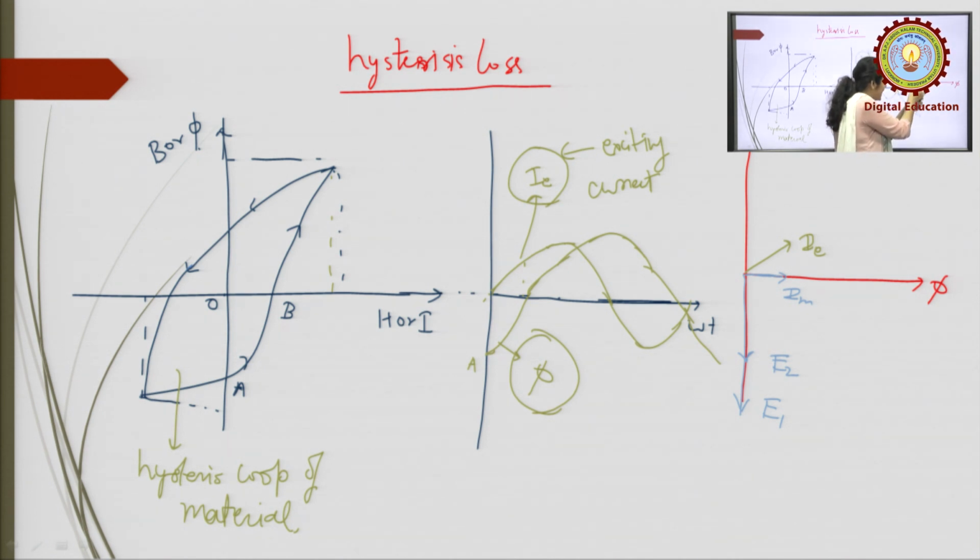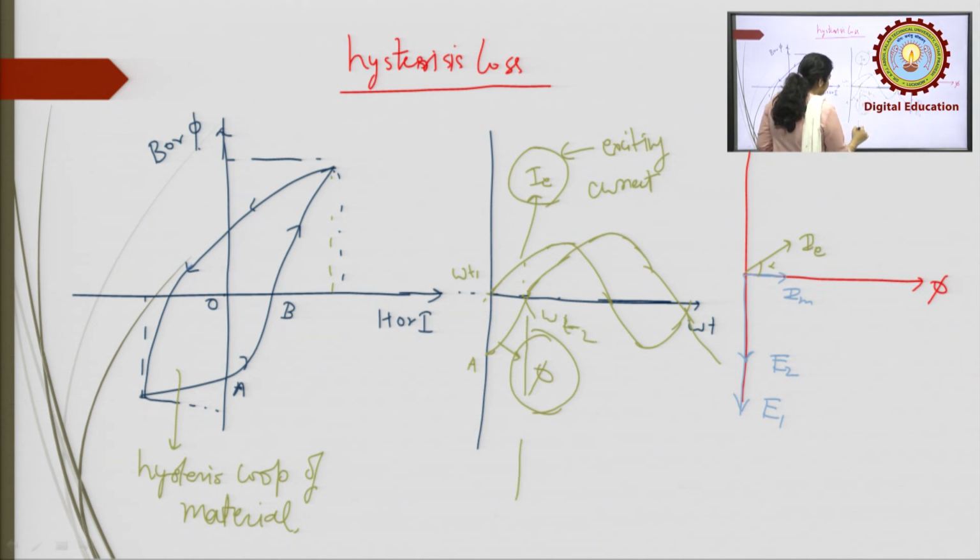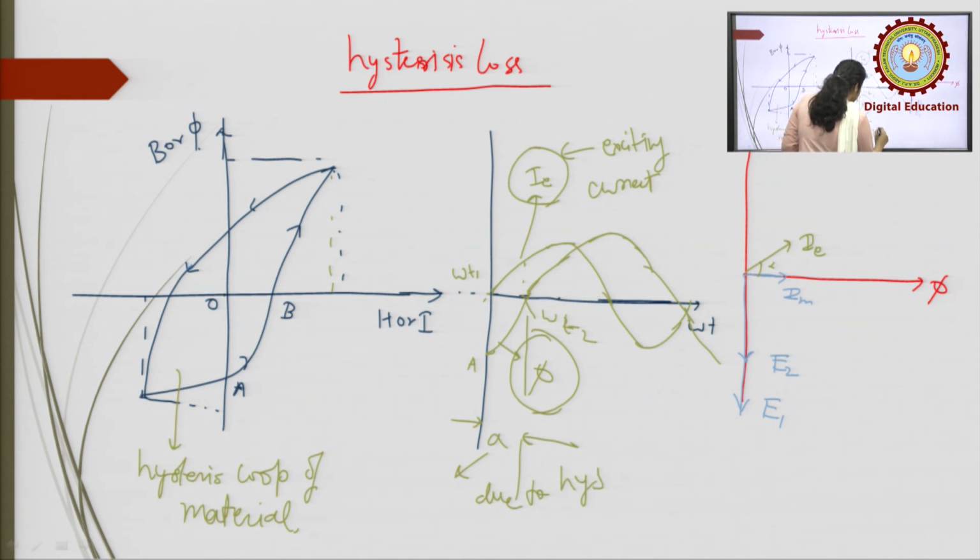Suppose this angle is alpha, between the current and the flux, at instants wt1 and wt2. This is due to the hysteresis loop, and alpha is called the hysteresis angle.